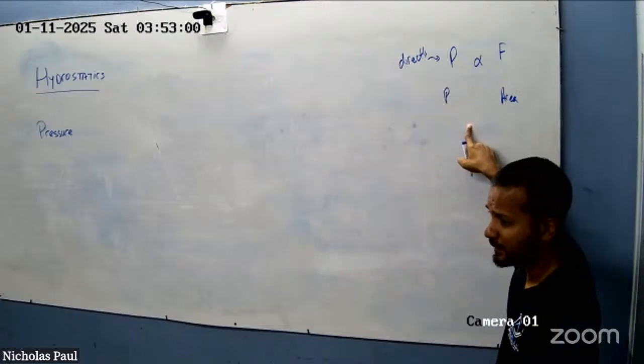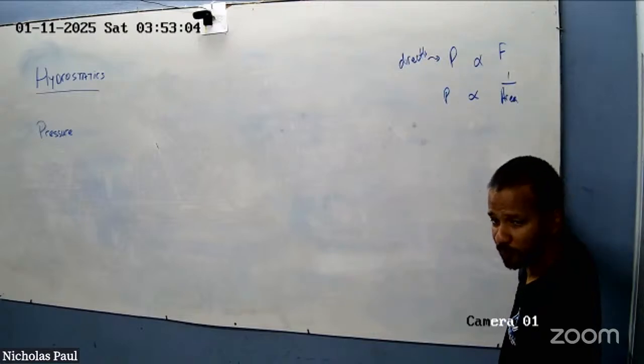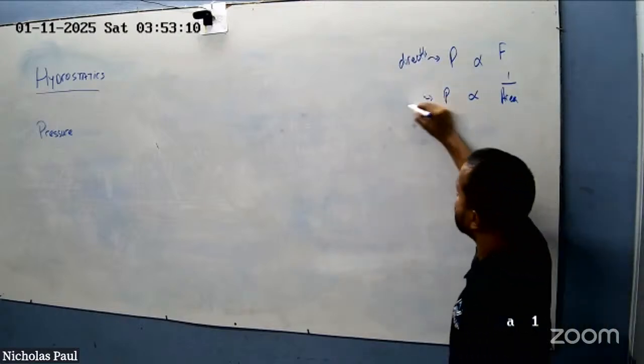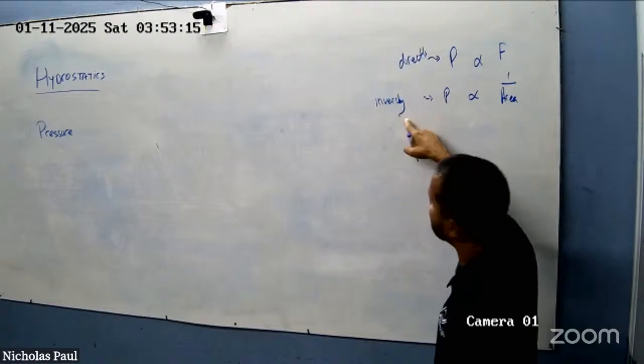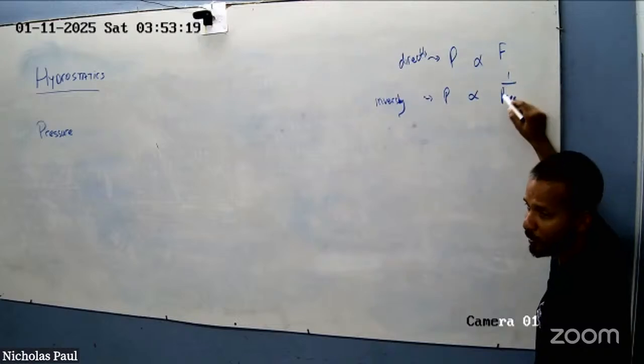You all remember how to write it? Proportional to 1 over. That's okay? So remember this, for those who never saw this before, right? Whenever you're writing something and you have the concept of inversely related, you write it like this. P is proportional to 1 over the quantity.